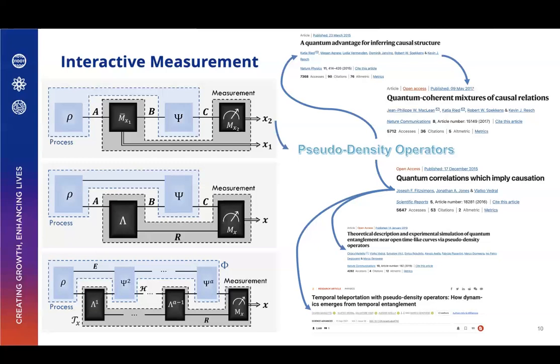Any more? Could I use it to detect the source of error or noise in my processor, like whether there's a mediating channel, and whether the error is being mediated through an external environmental coupling? Yeah, good question. Actually, we are also thinking about extending sequential authentication to this kind of form and trying to use it to investigate whether there exists quantum memory between the initial state rho here and the side here. We are working on that. I believe with this causal inference, we should be able to detect.